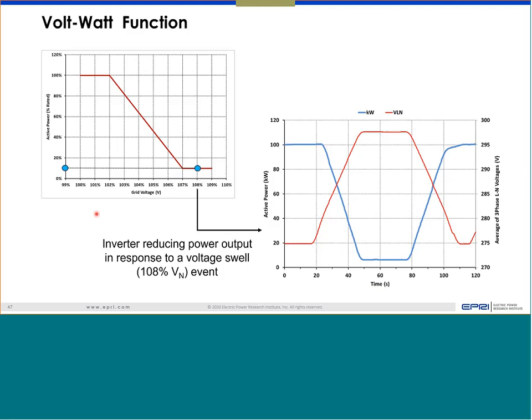There's a question: is it true that volt-watt can control voltage more efficiently than volt-var at times, depending on the X/R ratio of the line? Absolutely true. Reactive power will be effective if your X/R ratio is high, so you have more impact from the reactive energy that you're injecting. Depending on the location, close to the substation, most probably volt-var will not be that effective.